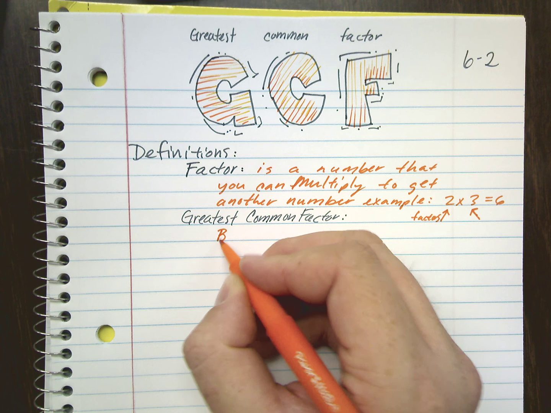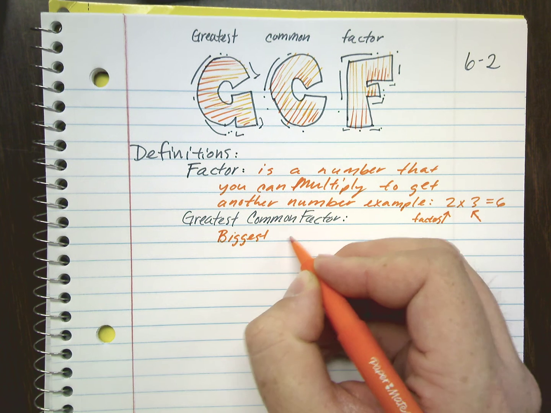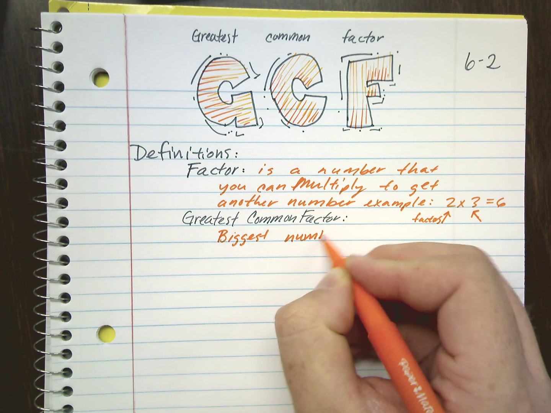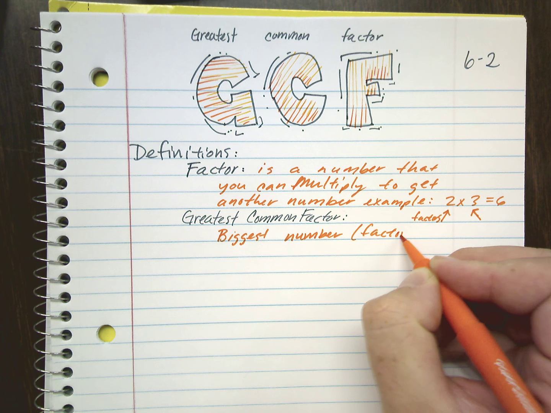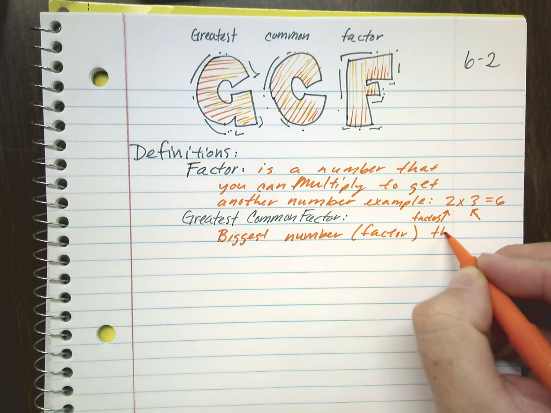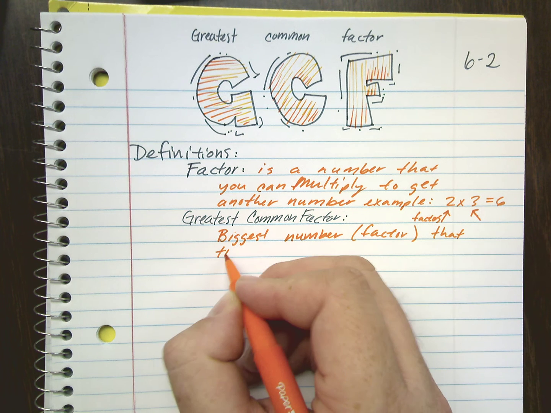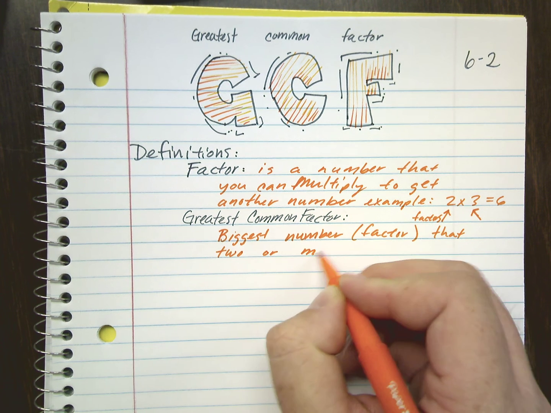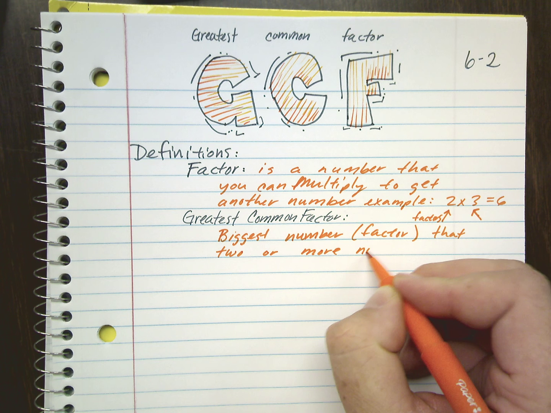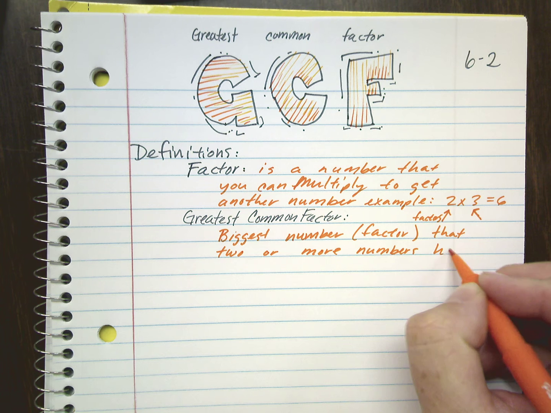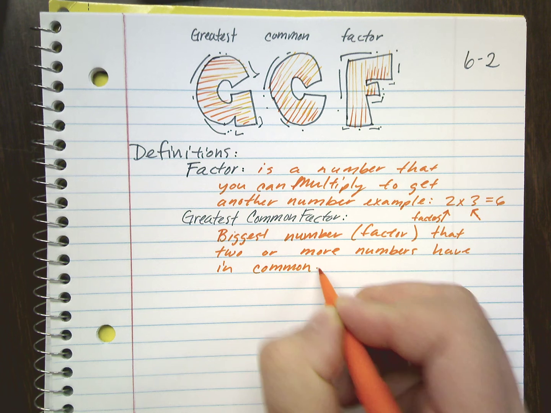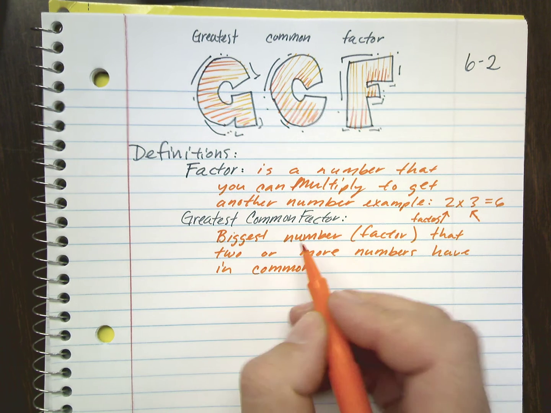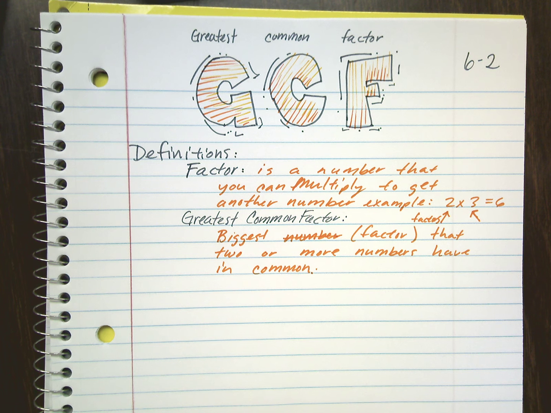It's the biggest number, factor, that 2 or more numbers have in common. Okay, it's actually the biggest factor, so we'll use that one. So let's take a look at a couple examples.